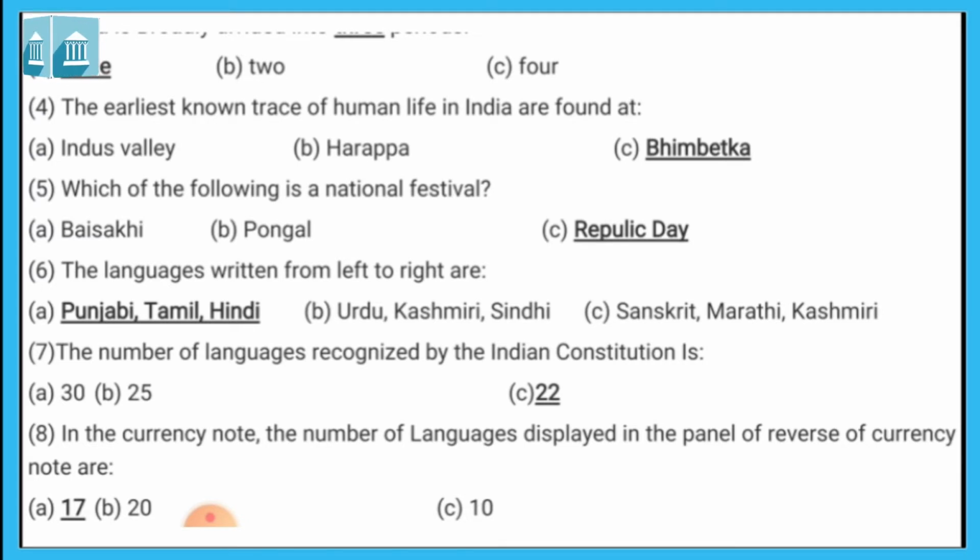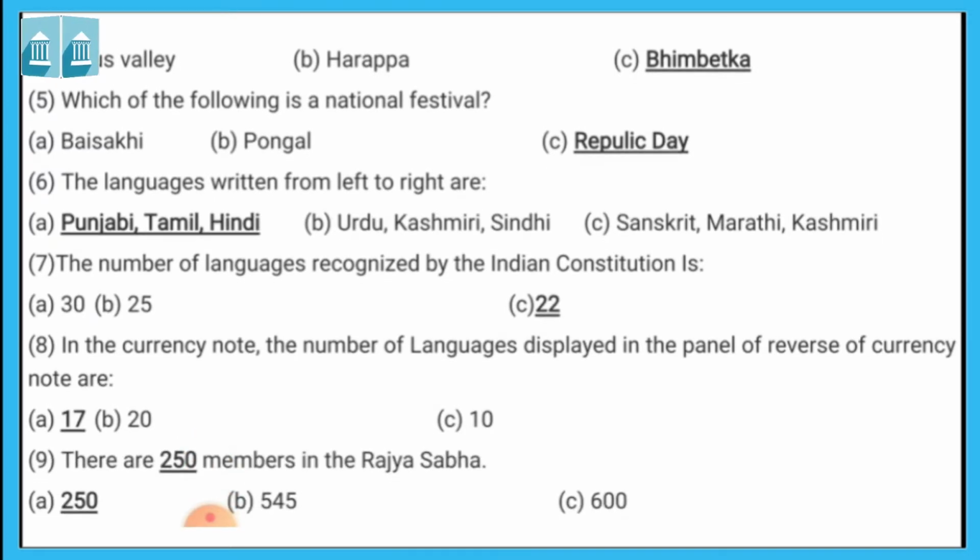So the second option, B, Urdu, Kashmiri, and Sindhi, is wrong. And C is Sanskrit, Marathi, and Kashmiri. Sanskrit we can write left to right, Marathi also left to right, but Kashmiri right to left. So the right answer is Punjabi, Tamil, and Hindi. These three languages are written from left to right.